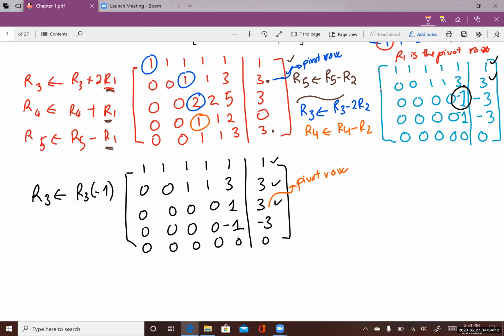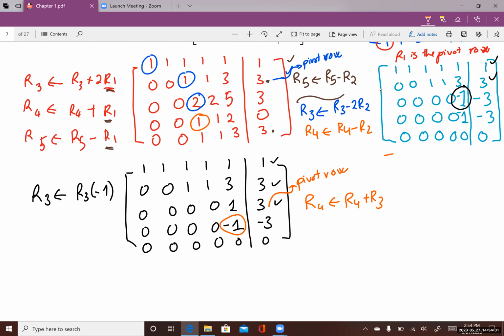So that means you have to make this entry here be 0. By using a simple row operation, I will replace row 4 by row 4 plus row 3, because -1 plus 1 is 0.